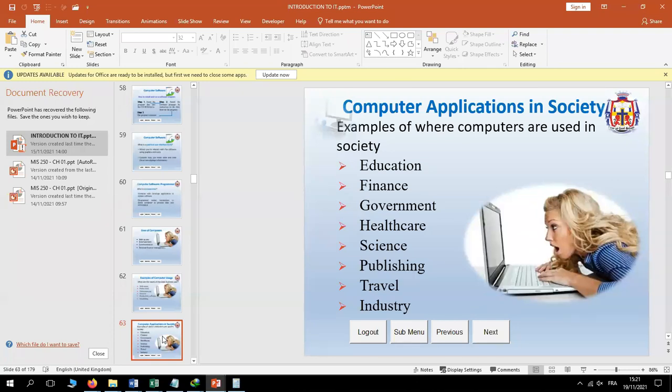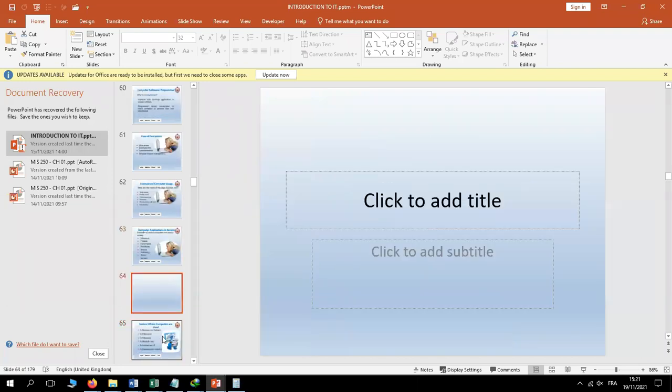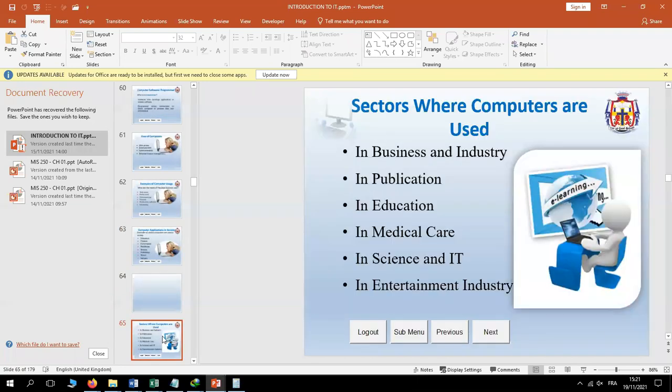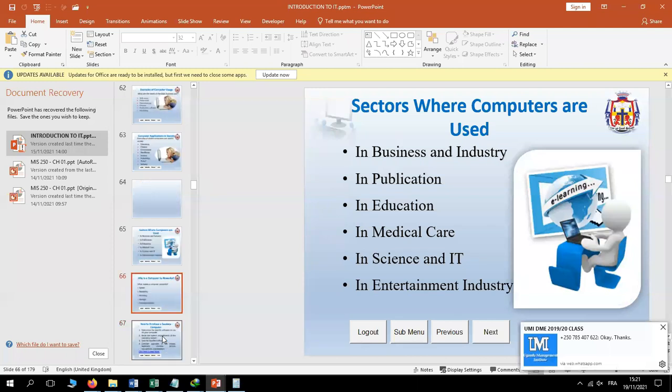On the next screen, industries where we can use computers, it's the same thing we discussed on the previous slide, such as in business. Actually it's everywhere nowadays.